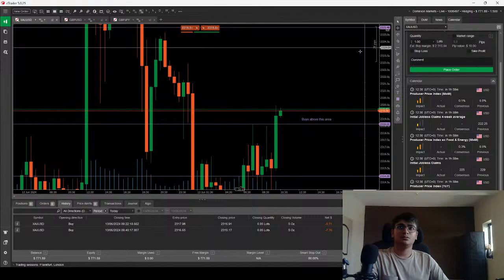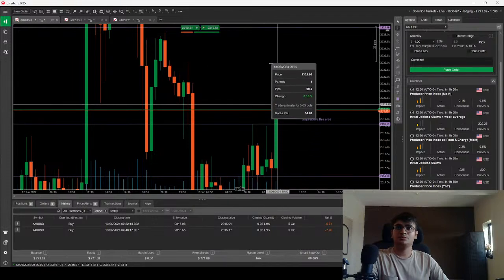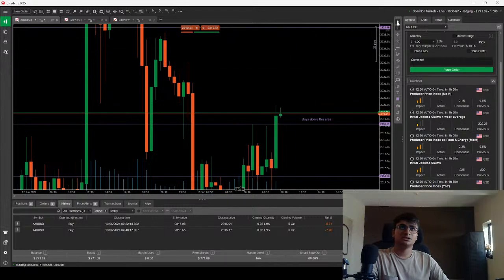Another thing we need to see is how many pips we can get from this. 30 pips is good. We can still make around $15 or so.